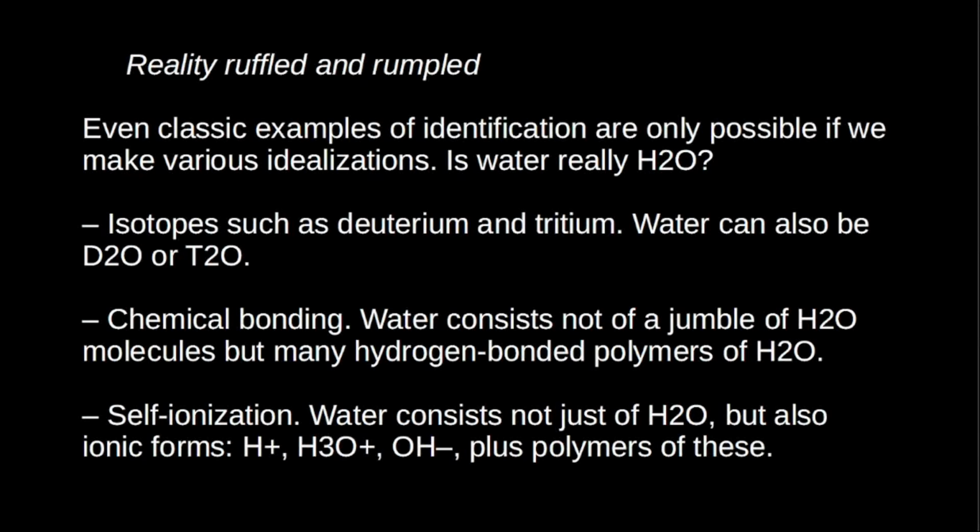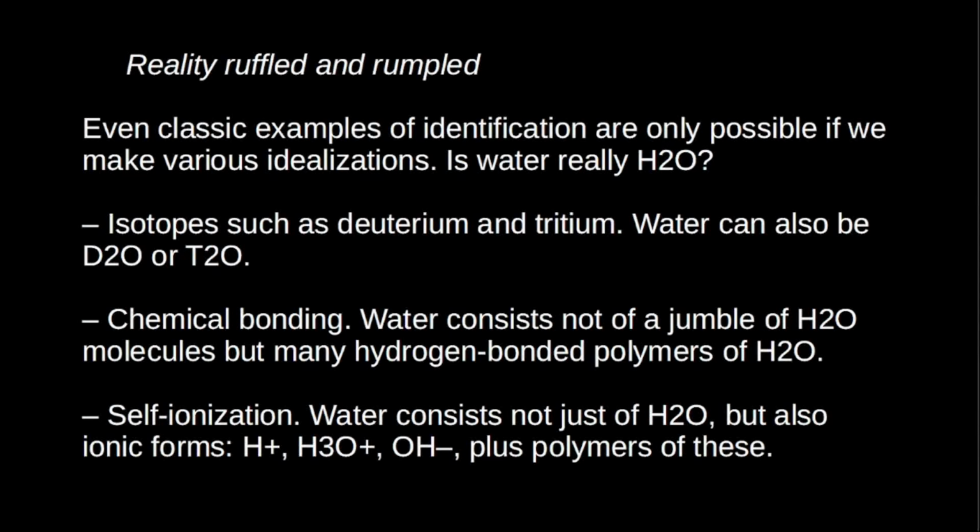First, there are other isotopes of hydrogen and oxygen. So there's deuterium and tritium, so there's D2O and T2O. Arguably, these also count as water. And then similarly, you get different isotopes of oxygen. So it's not just oxygen 16, there's oxygen 17 and oxygen 18 as well. So there are all of these different isotopes of the relevant molecules, not just H2O.